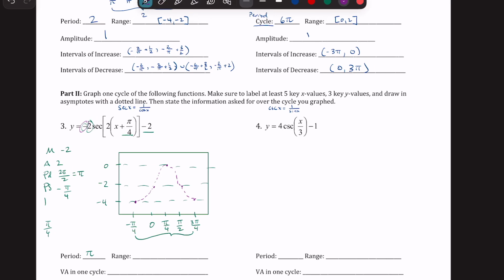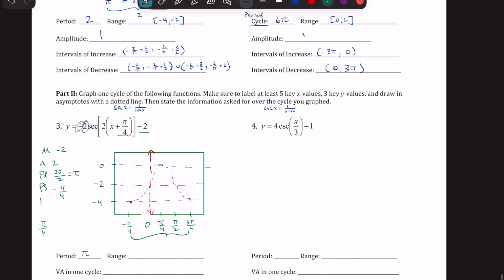And I am going to put in my asymptotes, which nicely always go through the midline. We'll just put 0 there so that it matches up with the asymptotes. And then this asymptote right here.